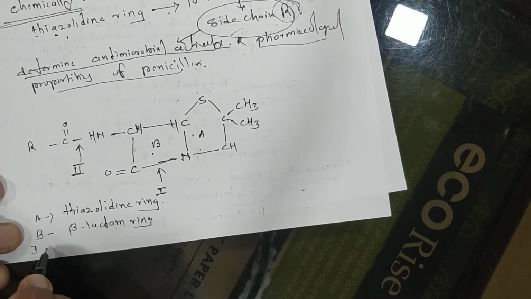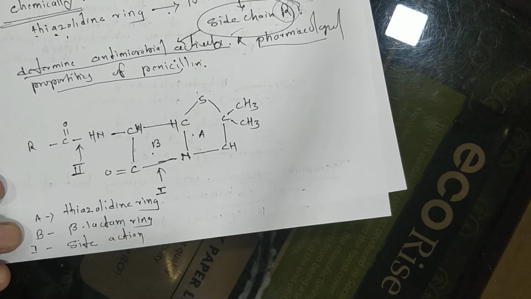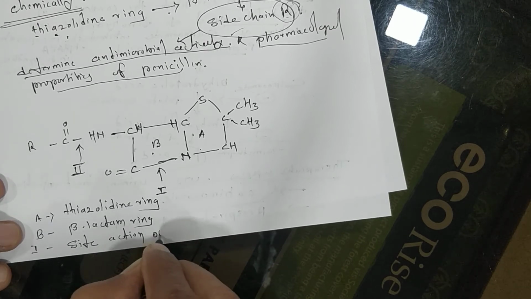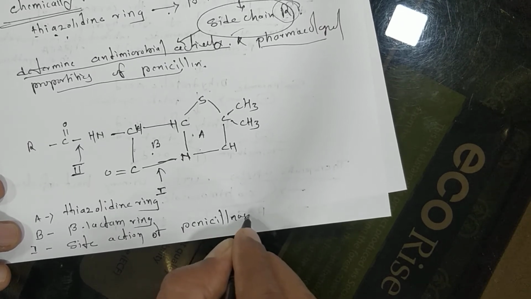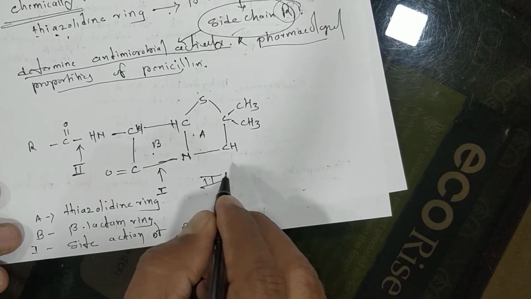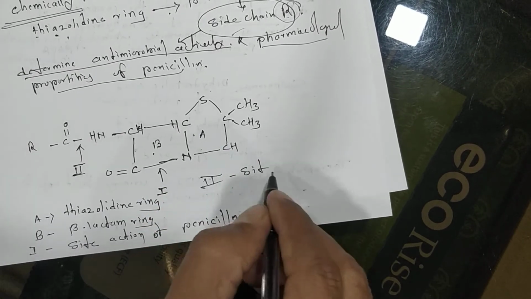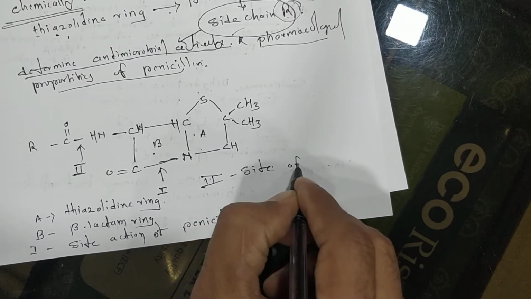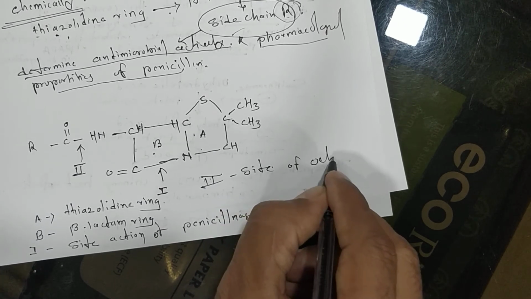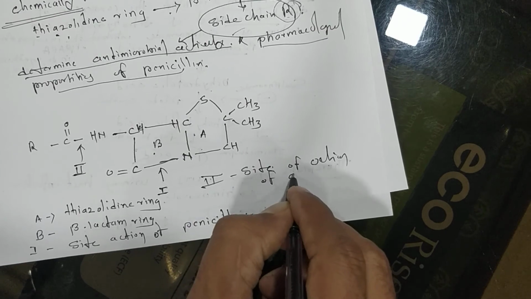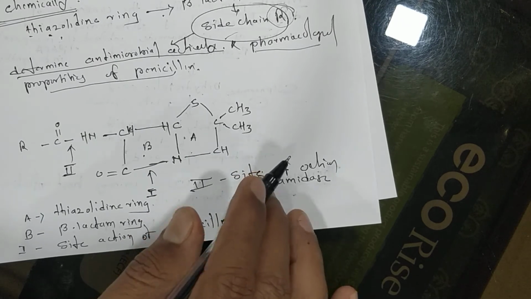The first site, A, is the site of action of the penicillinase enzyme, and the second site of action is of amidase, on penicillin.